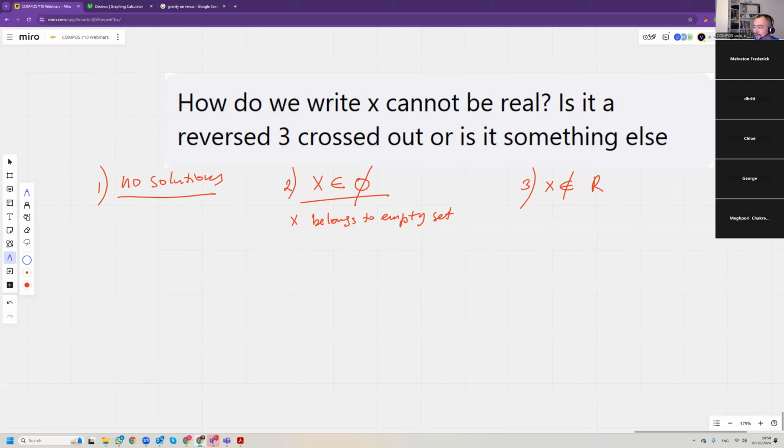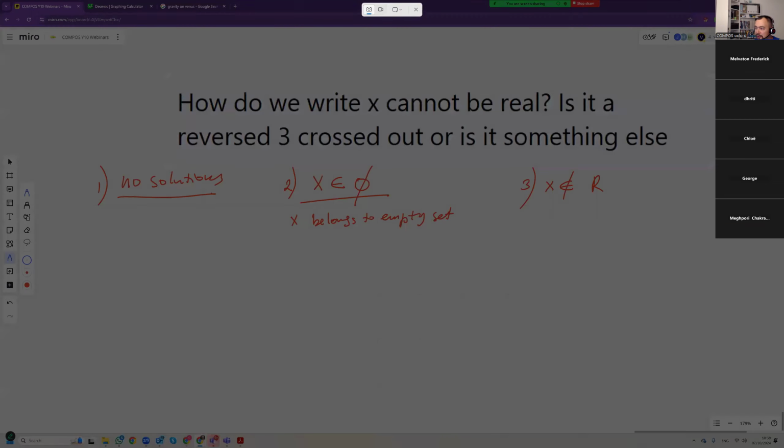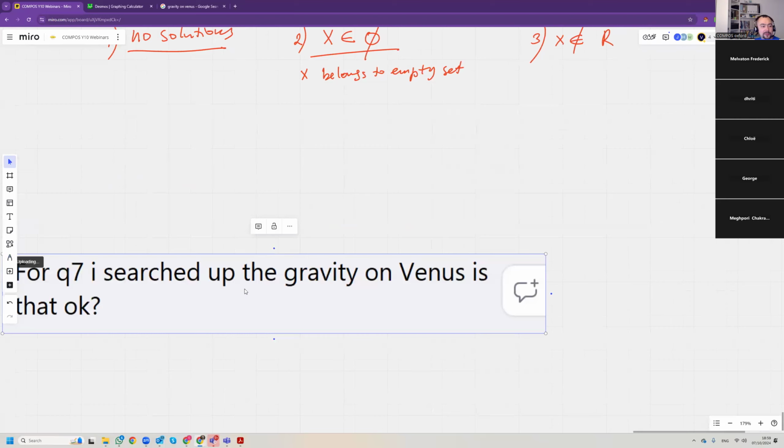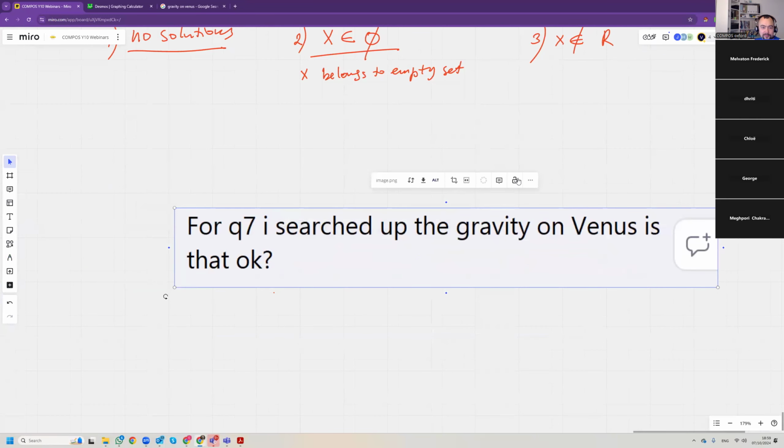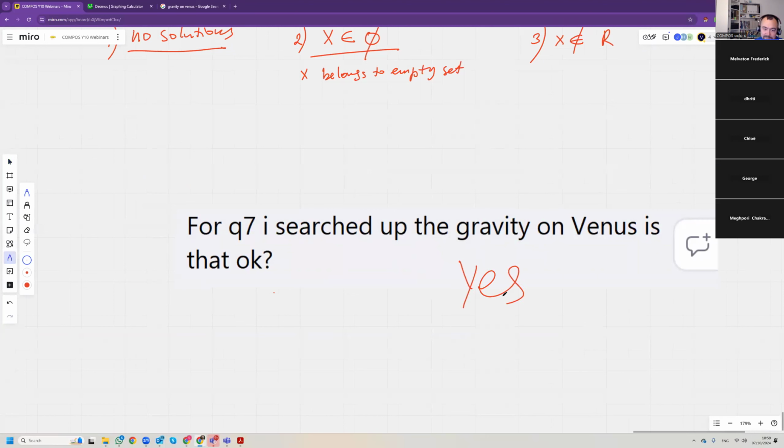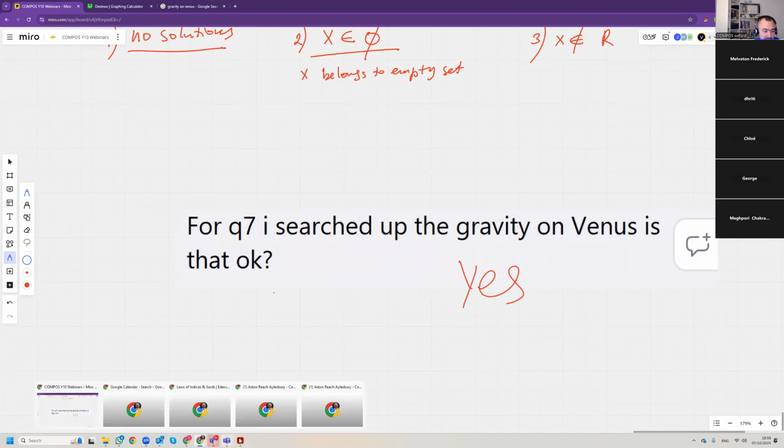For question 7, I searched up the gravity of Venus, and is that okay? Yes, that is perfectly okay, and we encourage you to look things up. Do we have to use completing the square for problem 12 if it doesn't specify?